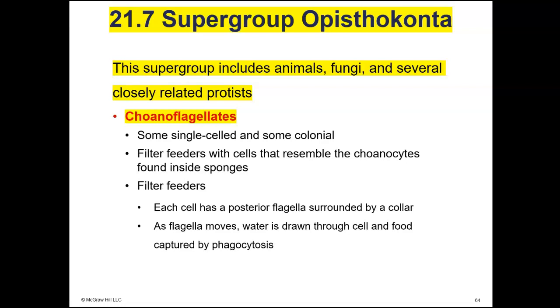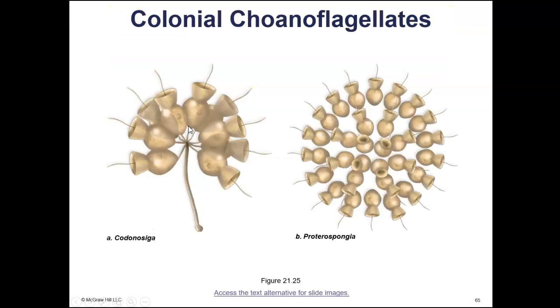plasmodial and cellular slime molds and amoeba, the organism that we're going to study in lab, are found in the supergroup Amoebozoa. So now we're going to do the supergroup Epistheconta, which won't take long because there's just one member that we study. The other members of this supergroup are the animals and the fungi. But the protozoans found within this supergroup are the choanoflagellates, which are thought to be the ancestors of the animal called the sponge.